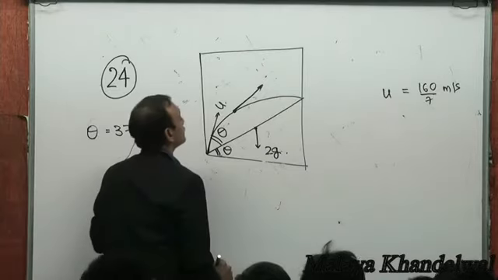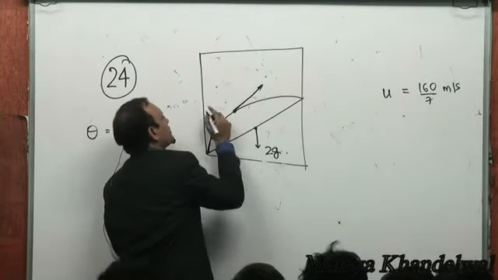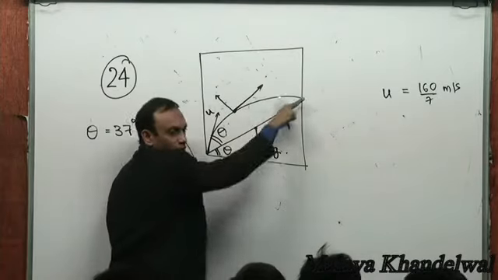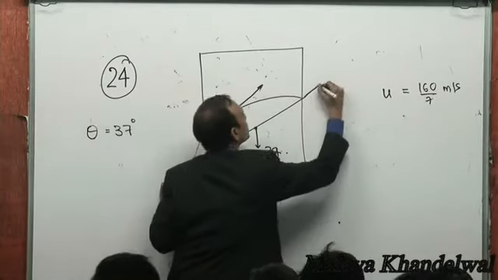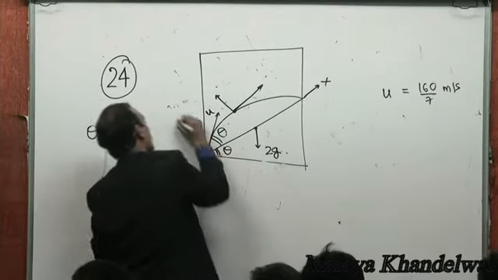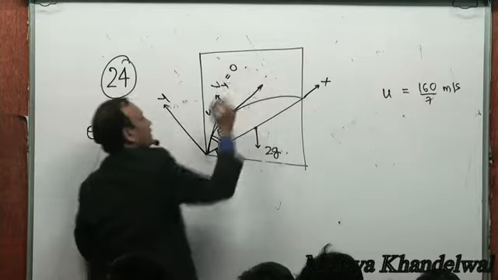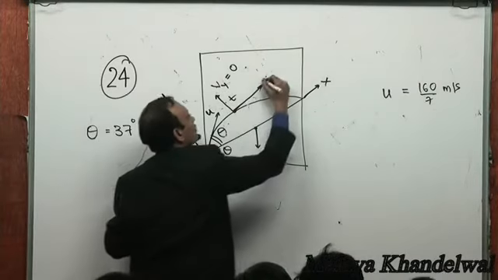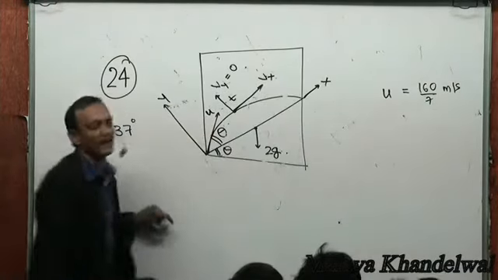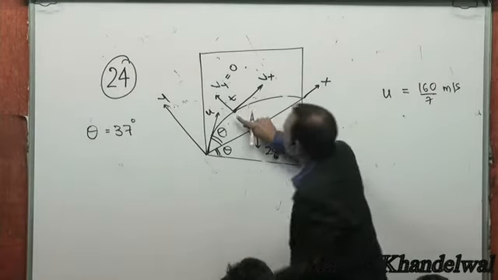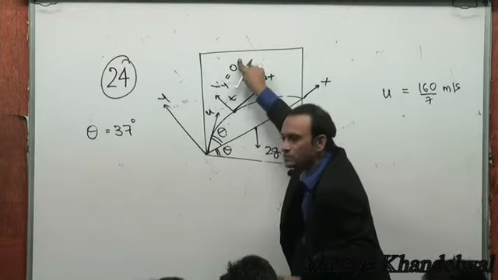That means velocity perpendicular to the plane must become 0. If it has a velocity purely in this direction, say this is the x direction, this is the y direction, then the velocity in the y direction must become 0 in a certain time t, and the velocity in the x direction becomes, say, vx, right? So let me find out the time it takes for the velocity in the y direction to become 0.